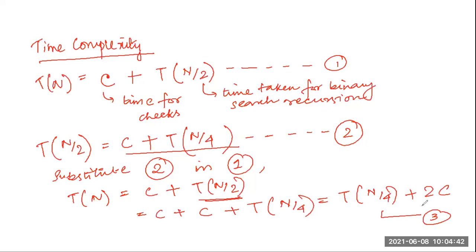Up to this, is it clear? I will have to delete it and write the next thing again. So what was my equation number 3? I have substituted T(n by 4) and found that T(n) is equal to T(n by 4) plus 2C.